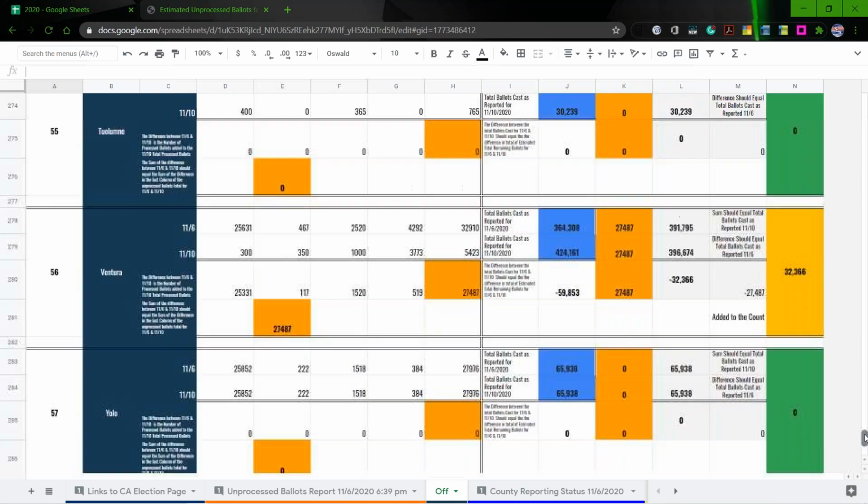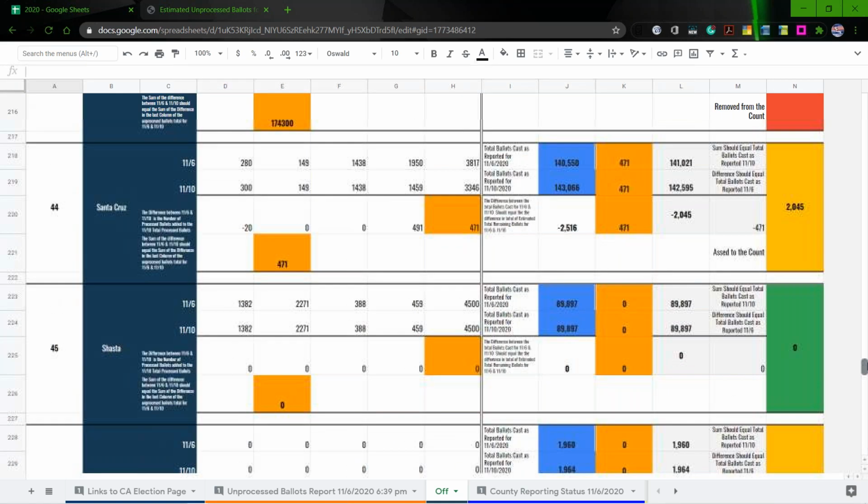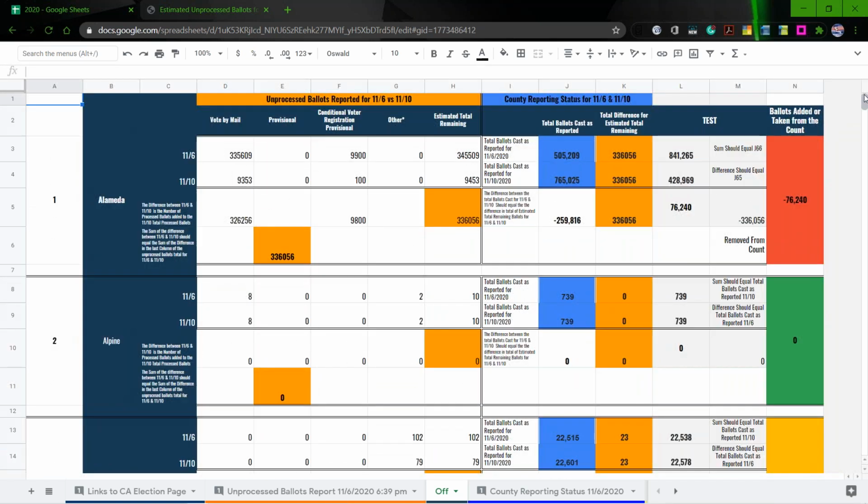This is serious, folks. If you're a Californian, seriously, reach out to your state assemblyman, reach out to your state senator, demand an audit of the vote, share this with them. I don't care. Get this information out there. But right now, it doesn't look to me like our votes really mattered.